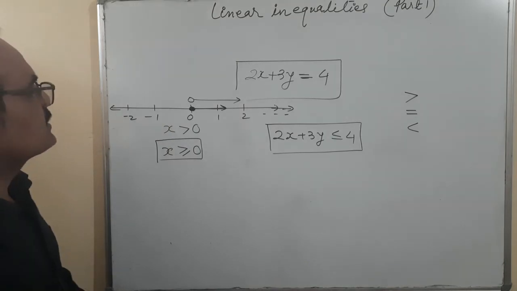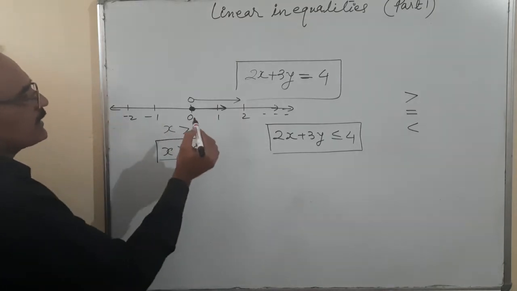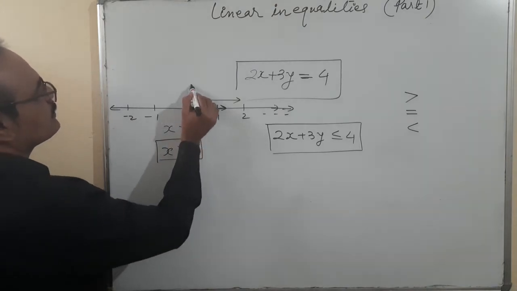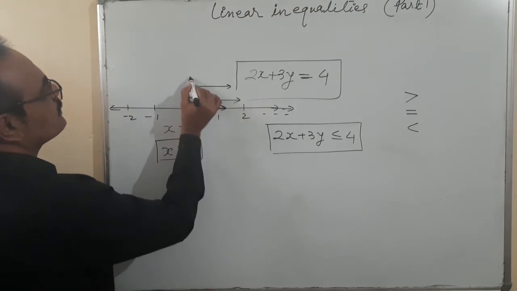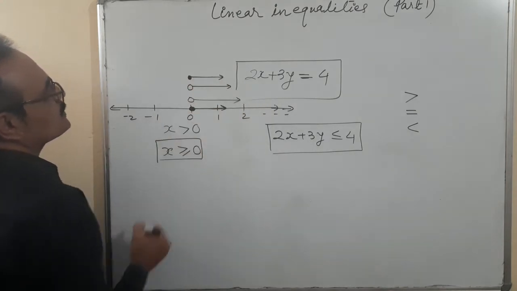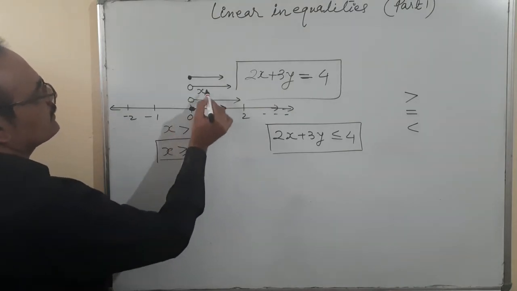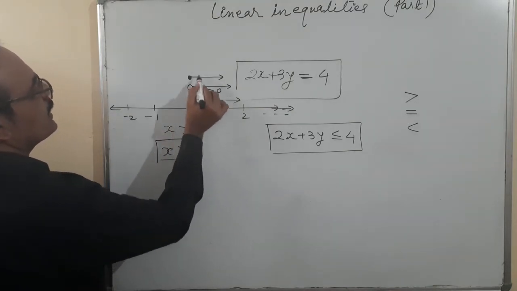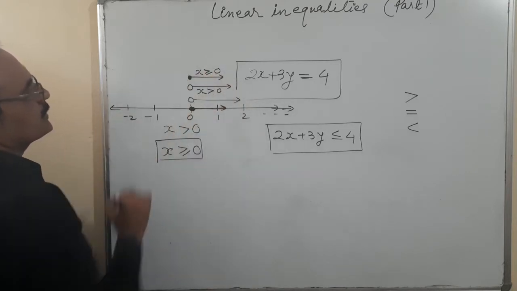So that is the difference of these two terms. The difference is between x is greater than 0 and x is greater than or equal to 0.